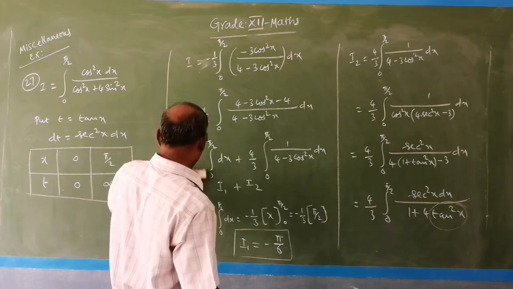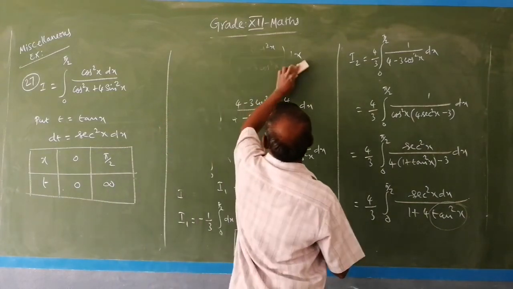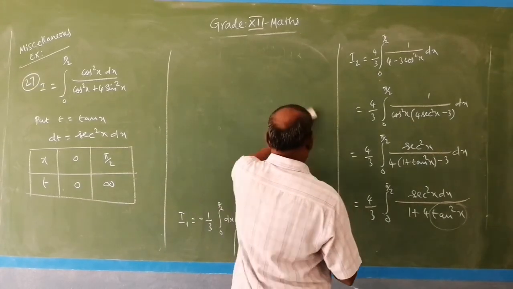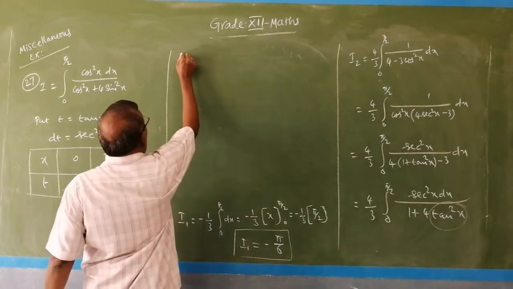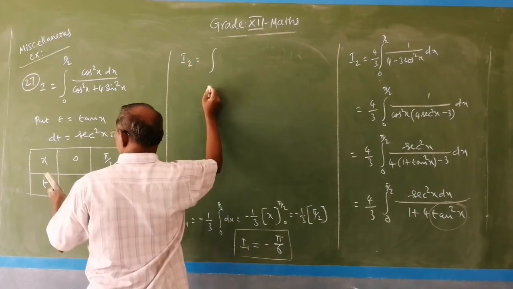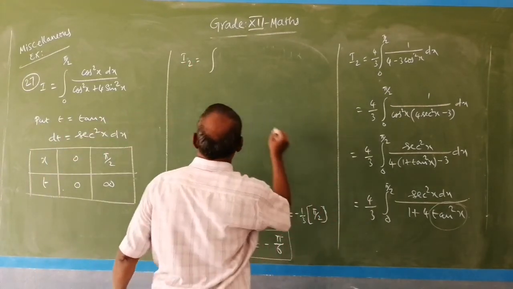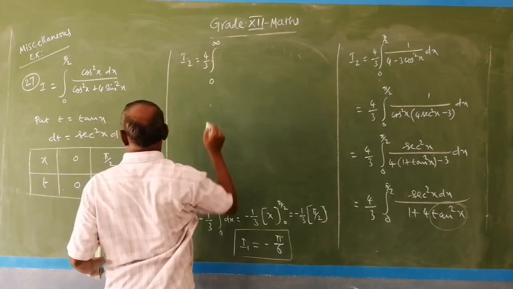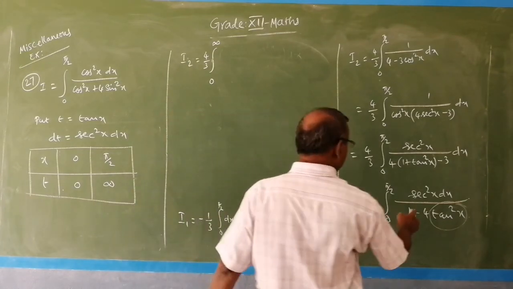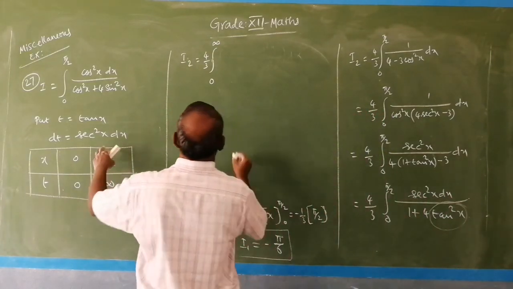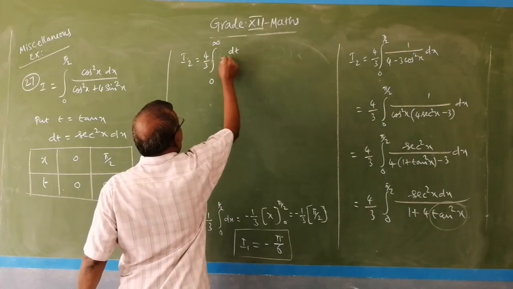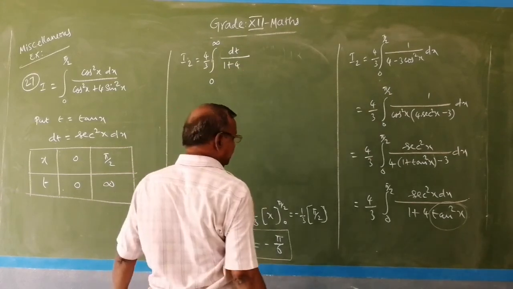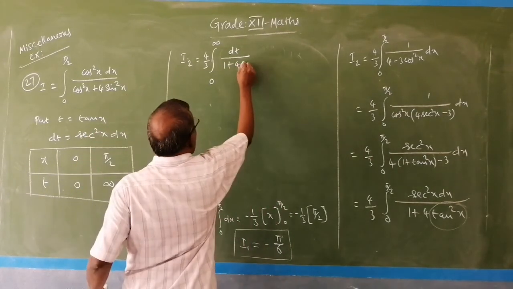Therefore I2 equal to 4 by 3 outside, the new limits are 0 to infinity, and the numerator is secant square x dx equal to dt, divided by the denominator 1 plus 4 into tan square x, meaning t square.